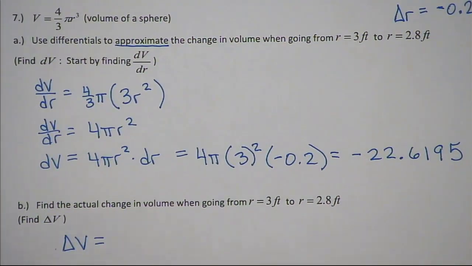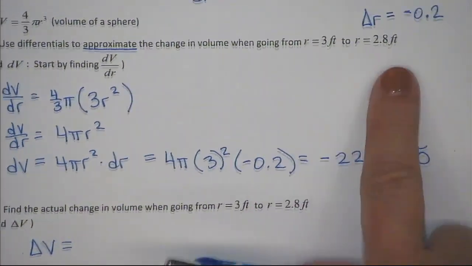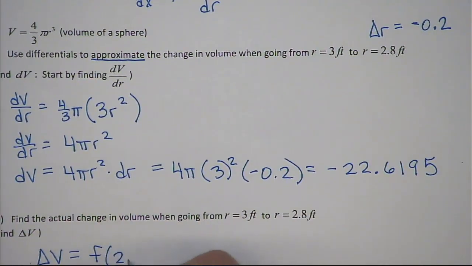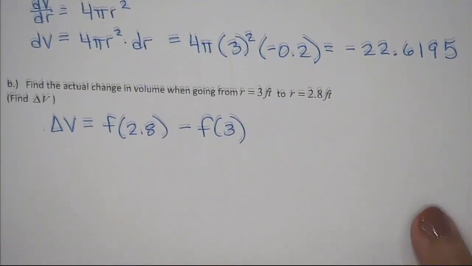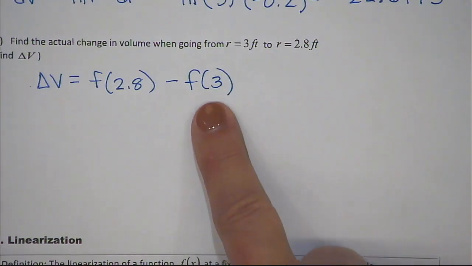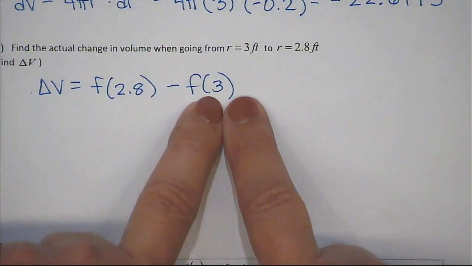So delta V, remember we're going to start with our new value. So we're going to find f of 2.8 minus f of 3. We're going to take the y values and find them. And it's always the original at the end. So we're going to plug 2.8 into the volume, and plug 3 into the volume.